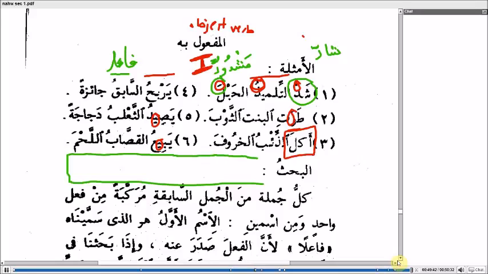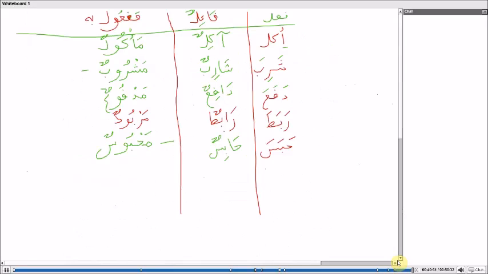But shad is, he said form 1, not 2. Shadda is form 1. Why is it form 1? Because it only has 3 letters. Sheen, Dal, Dal.